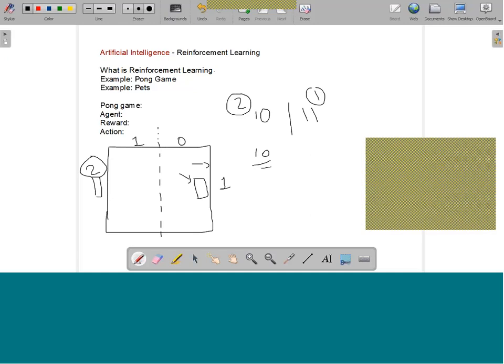What is the penalty here? Losing. If you lose that ball, this is the penalty for you, and it is the score for your opponent. And you have to do the actions every time. This sequence of actions is one terminology in reinforcement learning: episodes.